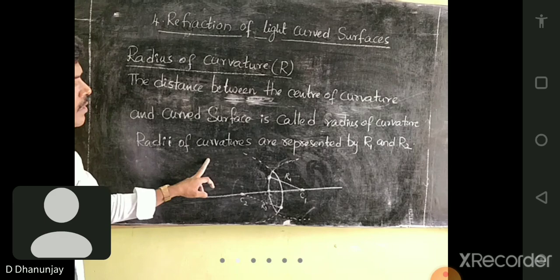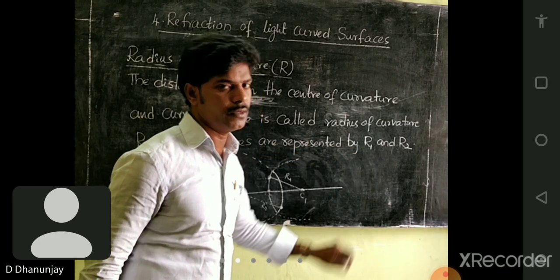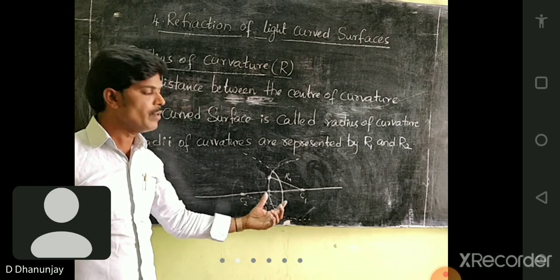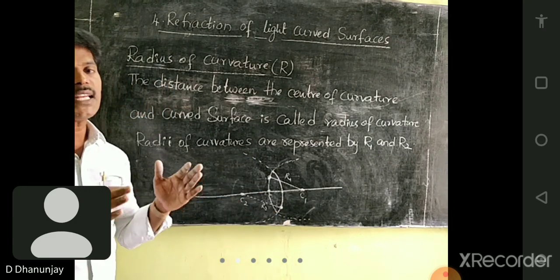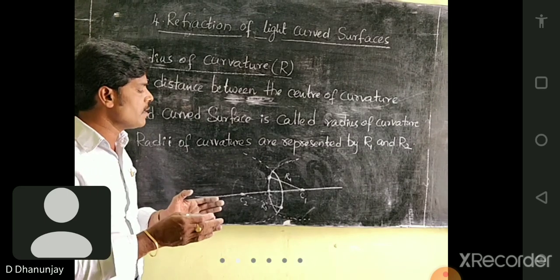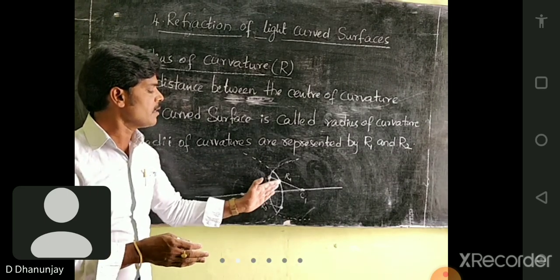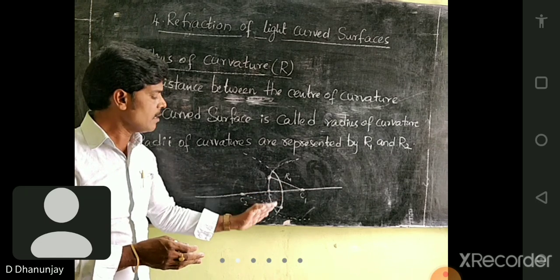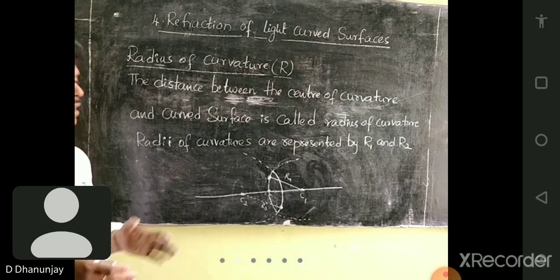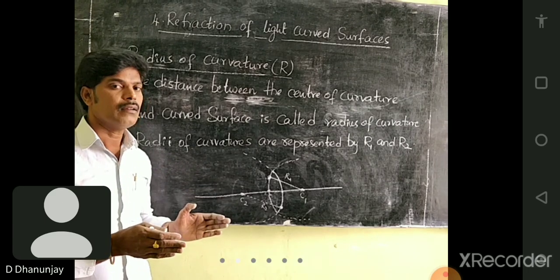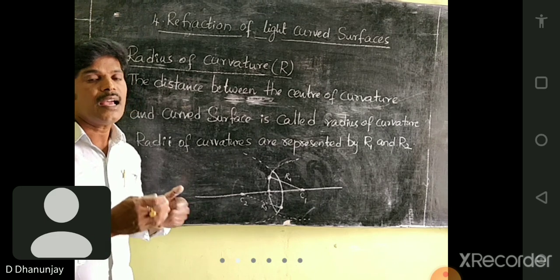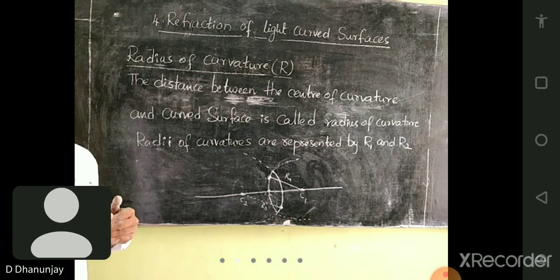Radii of curvature are represented by R1 and R2. Here I am taking a biconvex lens. For this biconvex lens, the radii of the two curvatures are R1 and R2. For a regular convex lens, the two radii are equal, R1 equal to R2.